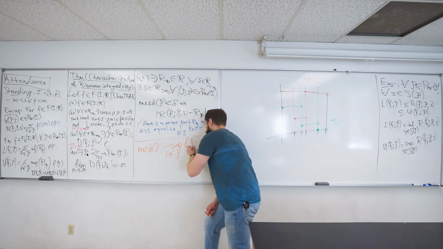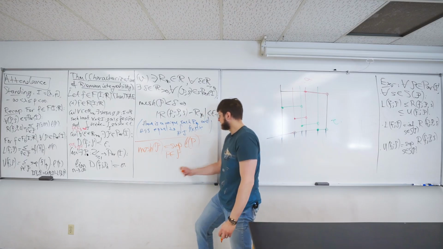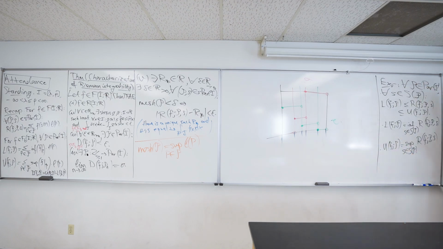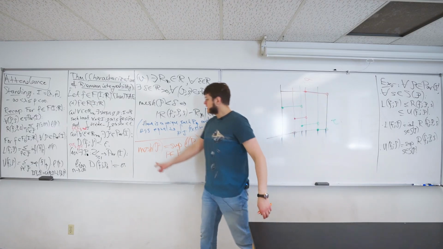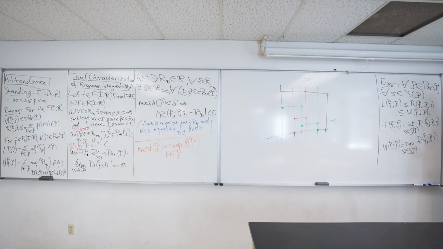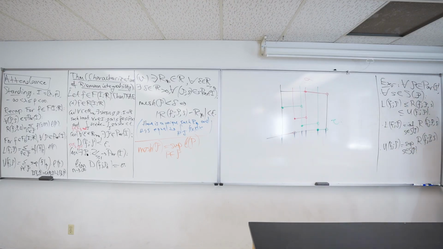Okay. Take one pixel in your partition, look at the length, and then maximize that value as you vary over all pixels. That's the mesh. Sometimes you might see the word size of the partition or norm of the partition. I think mesh is also fairly common, so that's what I'm going to stick to. This is a statement.